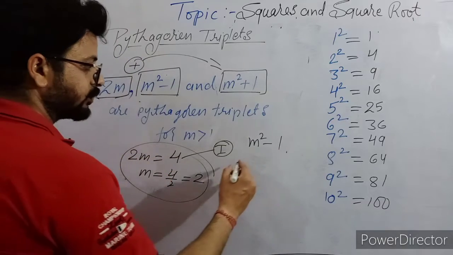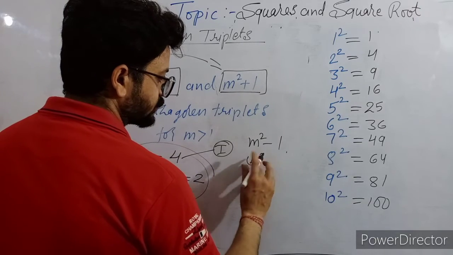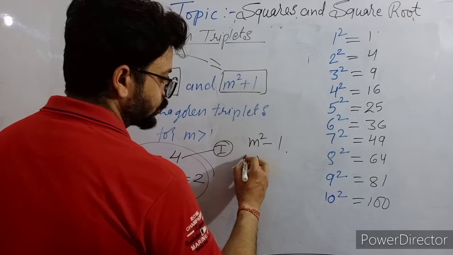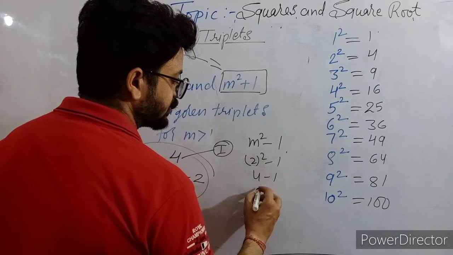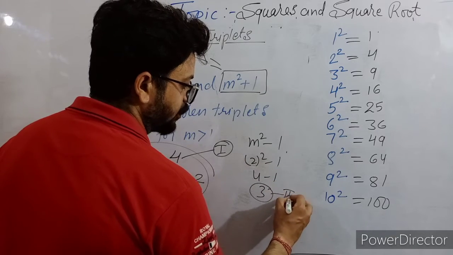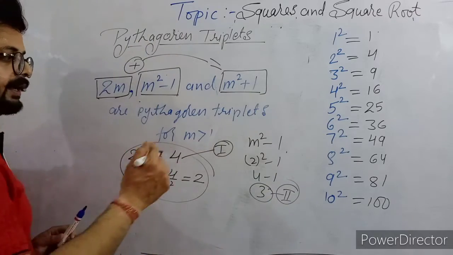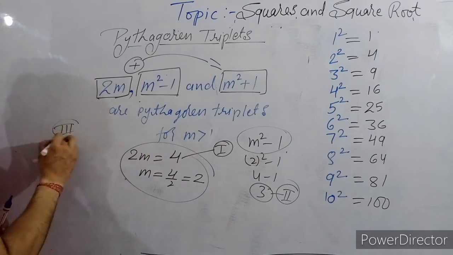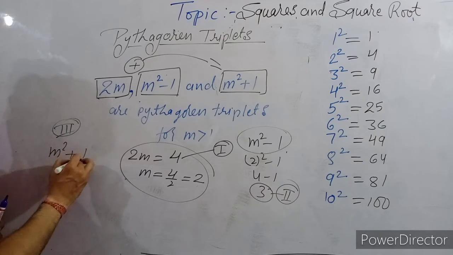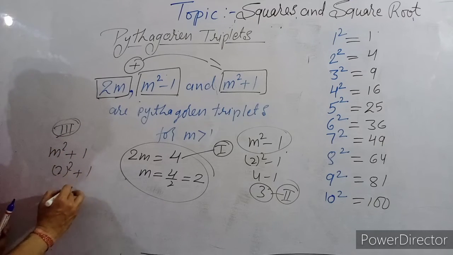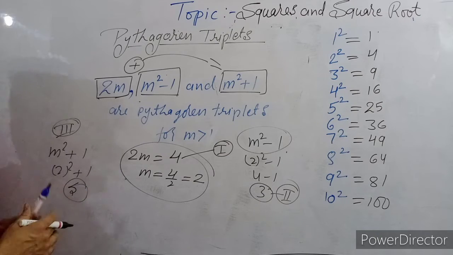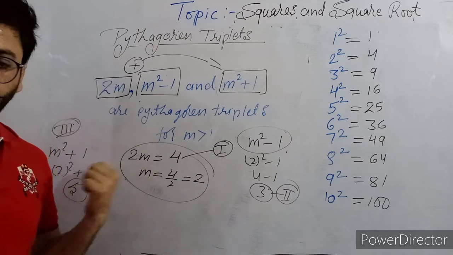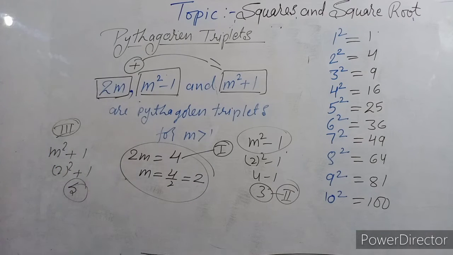We know m now, m is 2, so 2 square minus 1, 4 minus 1, 3. This is the second number of the triplet. The third number is m square plus 1, 2 square plus 1, that is 5. Now with the help of this formula we can calculate the Pythagorean triplets.